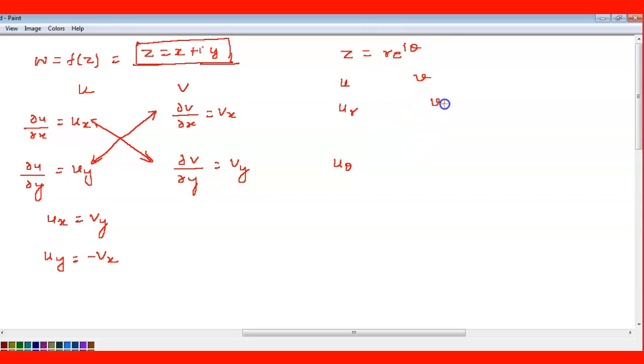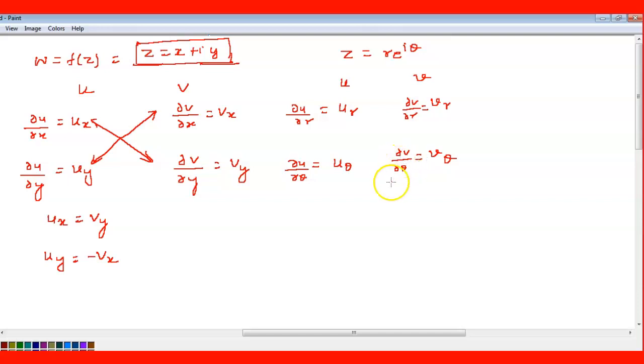Similarly, v with respect to r and v with respect to theta. Any doubt till here? u r means del u by del r, the partial differentiation of u with respect to r, and this is del u by del theta, this is del v by del r, and this is del v by del theta.